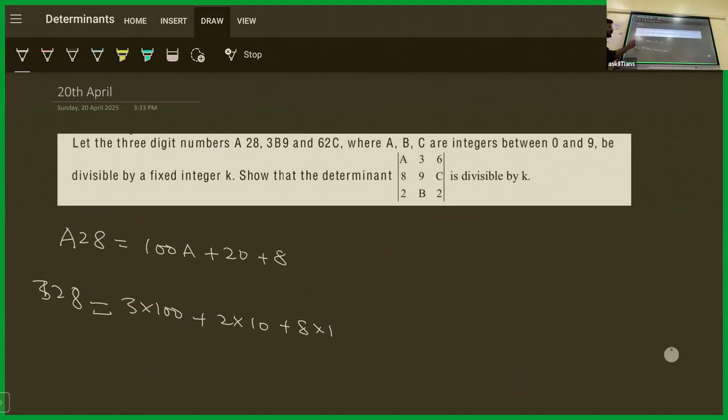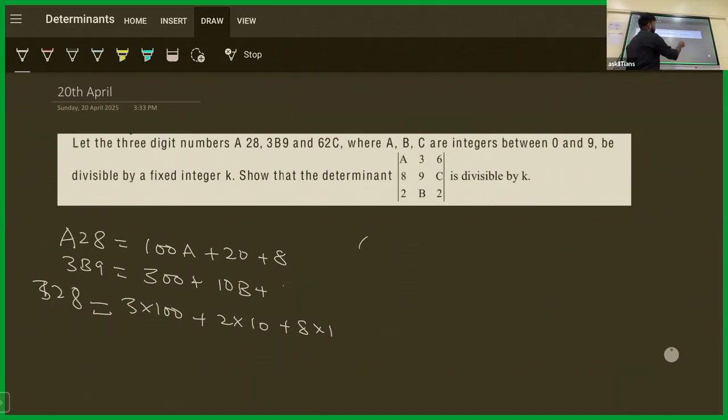Similarly, the second number is 3B9. How can we write 3B9? 3 in the hundreds place, so that is going to be 300, plus B into 10. B into 10, correct. So it will be 300 plus 10B plus 9.